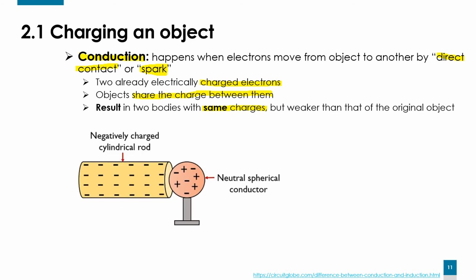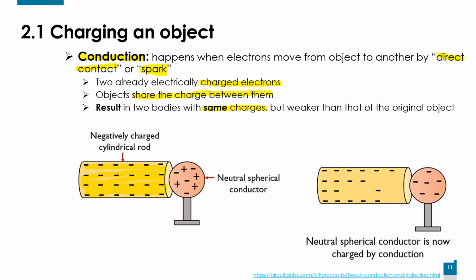So for example, I have a neutral conductor here and I touch a negative cylindrical rod full of negative charge. What's going to happen here? Since I have more negative charge, the electrons will pass to the neutral spherical conductor.